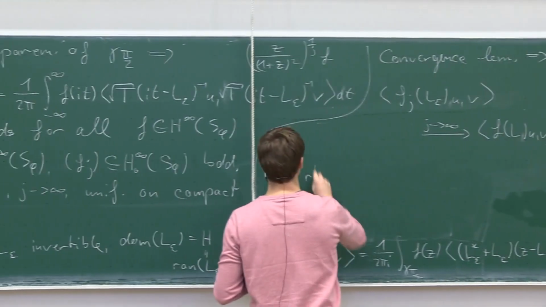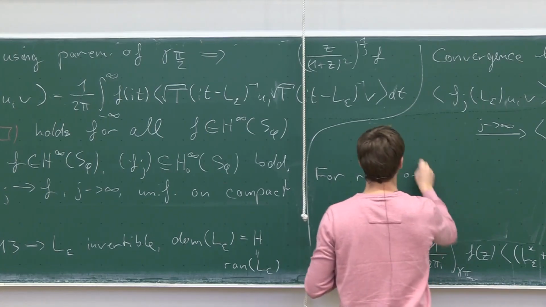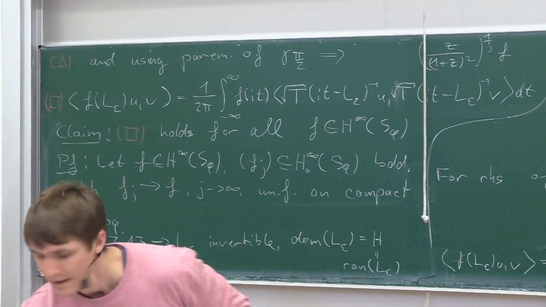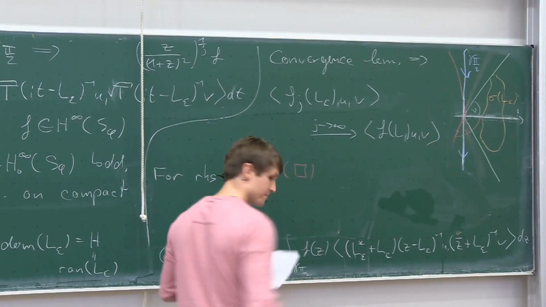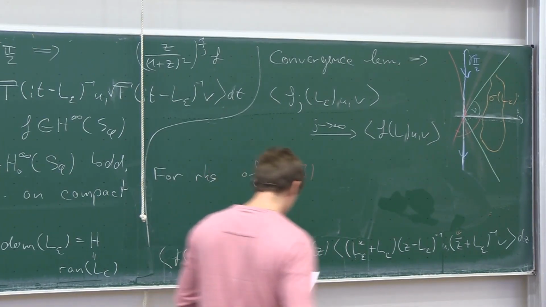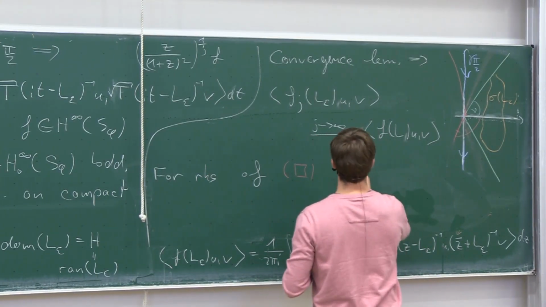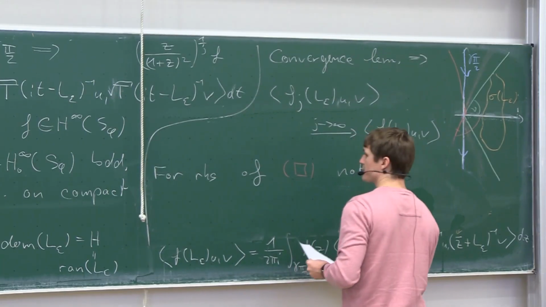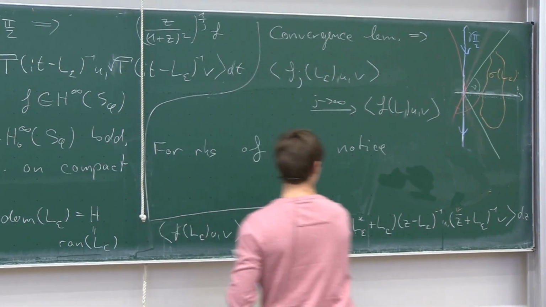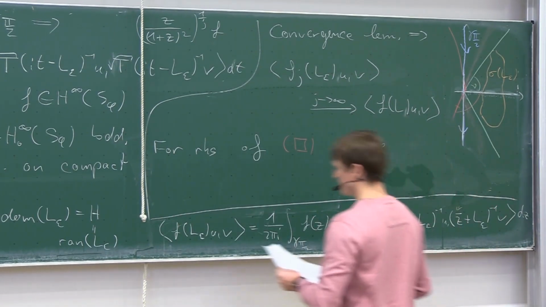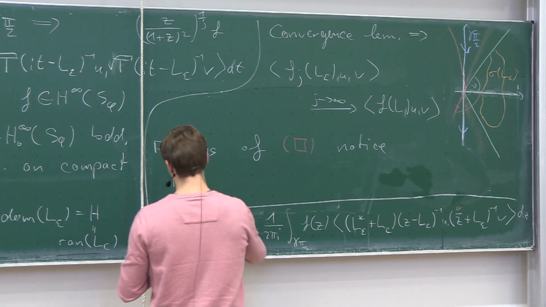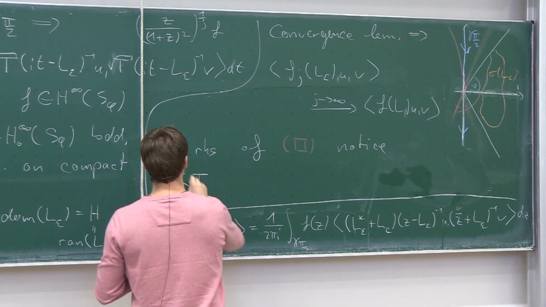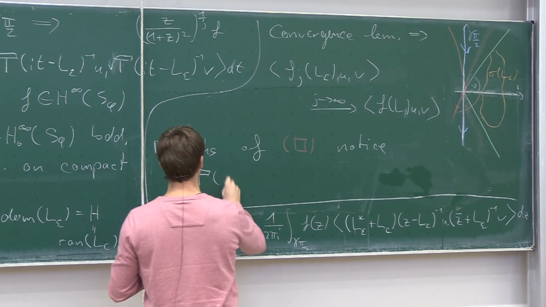For the right-hand side, if I plug in f_j instead of f into this identity, then we notice that the integrand is controlled by this. Sorry, I just copied the integrand here.